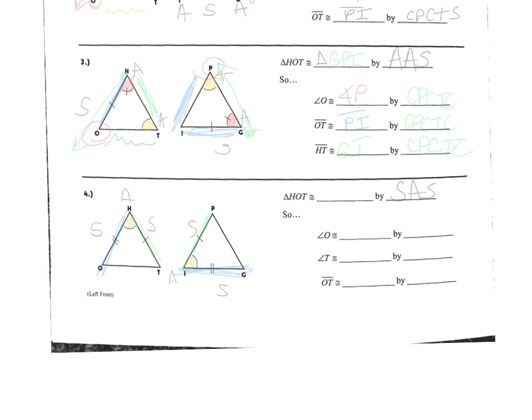And if we go to do our pattern, it starts up here with H and goes to O. And so we're going to need to start here with I and go towards G. So I, G, P. And angle O is going to correspond with angle G. Angle T is going to correspond with angle P. And then segment OT, which is right here, is going to correspond with segment GP, which is right there.